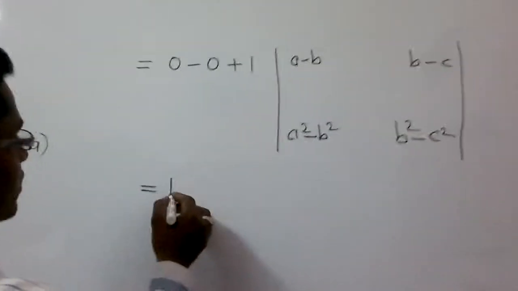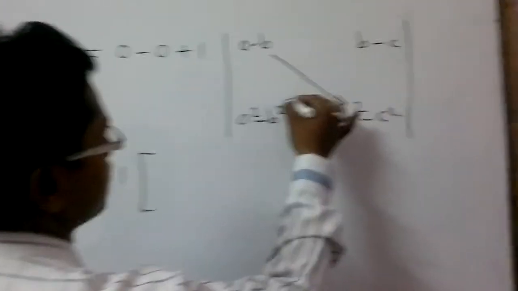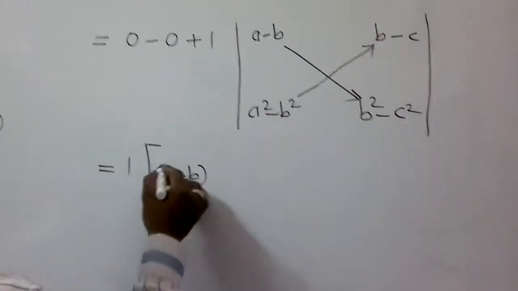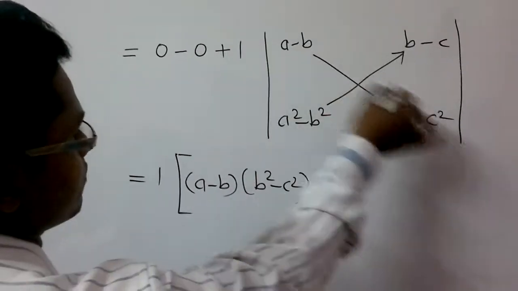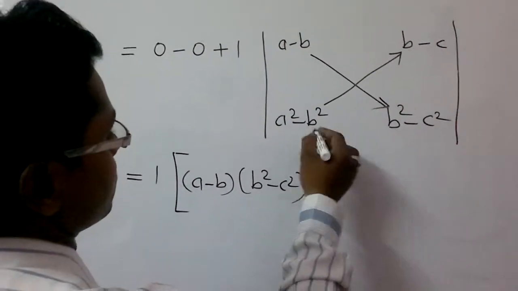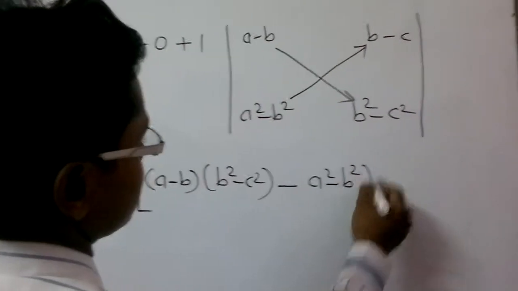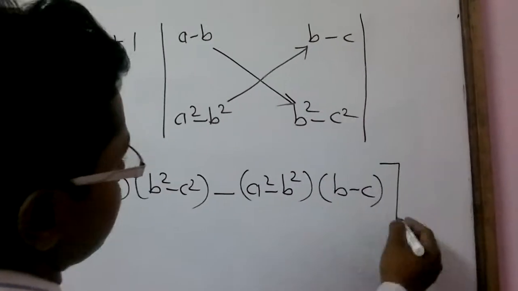That is equal to 1 into multiplying these two values and these two values: (a minus b)(b square minus c square) minus (a square minus b square)(b minus c).